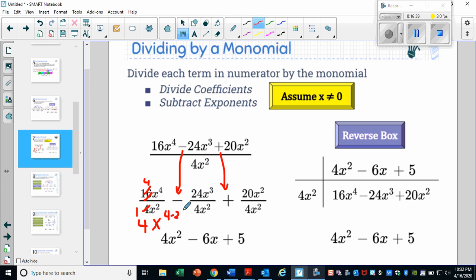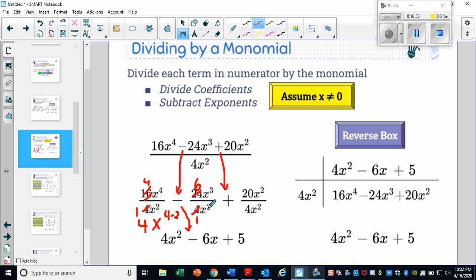Similarly here, minus sign just keeps coming down. 24 divided by 4 is 6. And then x goes into itself once. And again, do we need the 1 in the denominator?